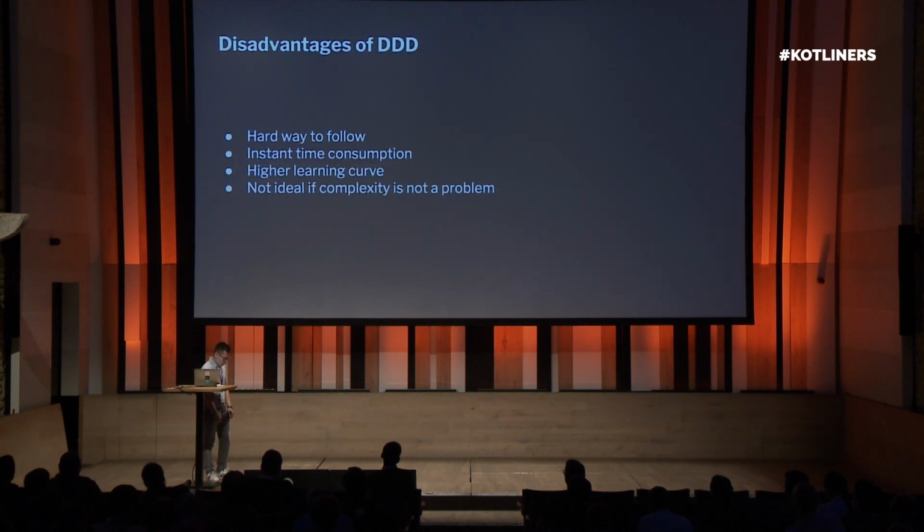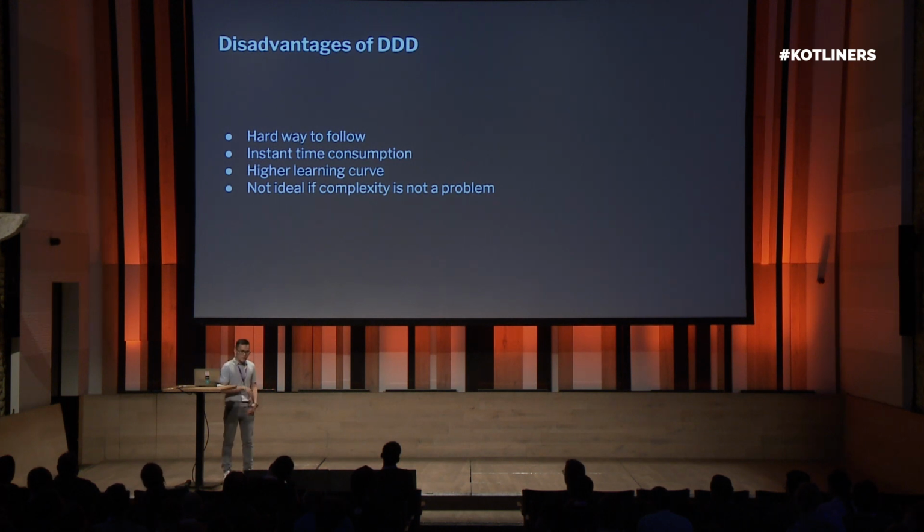So even though domain-driven design is a pretty cool way of development, it has its own disadvantages. The first disadvantage, I would say, is that it's a really hard way to follow. You have to do a lot of preparation work to get there. You have to align all the people involved in development to actually implement the Ubiquitous language.